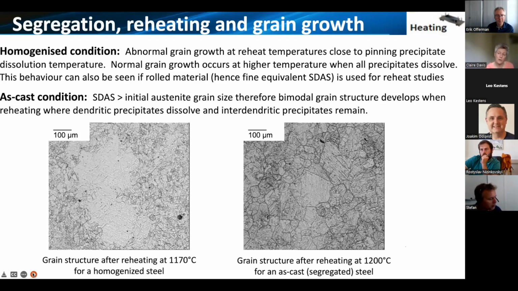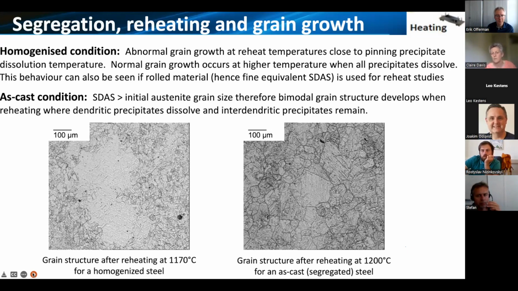And so indeed the grains do start to grow, and you'll get a few that will really start to grow. But because you have the interdendritic regions with the higher solute content, those precipitates are thermodynamically more stable, and so they pin those larger growing grains. And so you restrict the size of the larger grains that form.